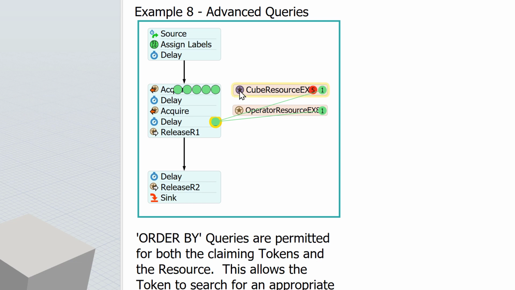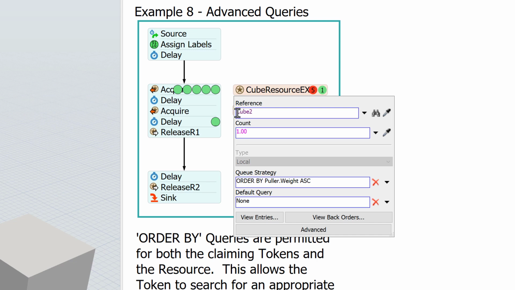And if I look on here, it's this field down here called the queue strategy. It's where you define a queue strategy with an order by statement or some other means for the requested acquires, or in other words the back orders. And it's saying order by puller.weight. Puller is a reference to the thing trying to pull a request.